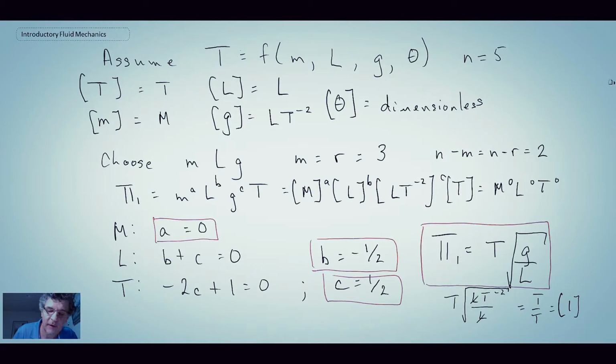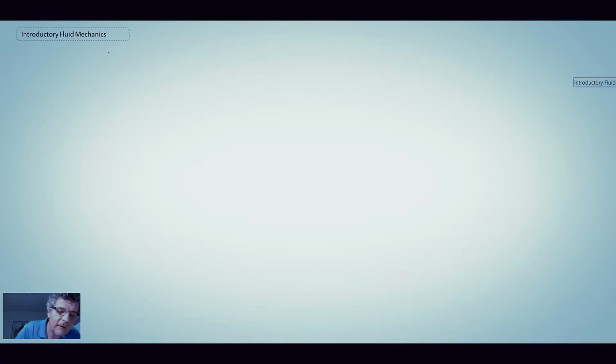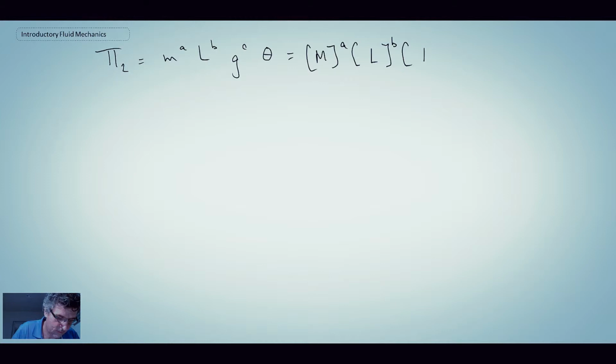Now let's move on to the second one. For constructing pi 2, again we have m, L, and g, multiplied now by theta, introducing the dimensions of each of these. Okay, so again, let's go through our process, beginning with the mass.